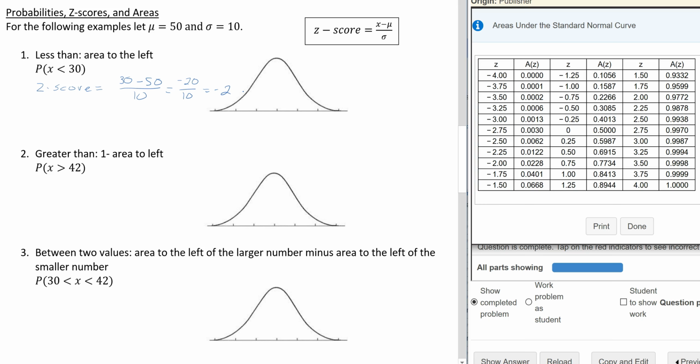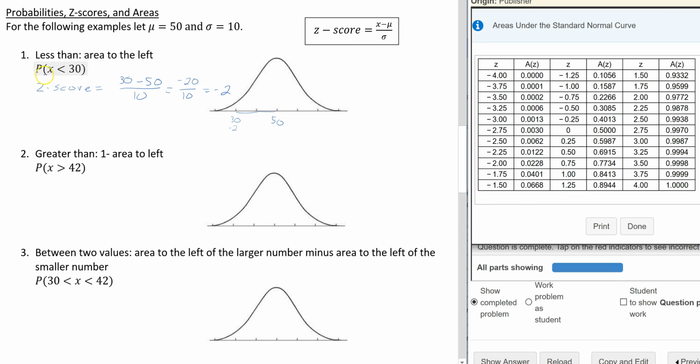So we know our mean is in the middle, which is where 50 was, and the z-score is negative 2 for a data value of 30. That means that the value of 30 is 2 standard deviations to the left of the mean, because that was a z-score of negative 2. So it's 2 standard deviations to the left of the mean.